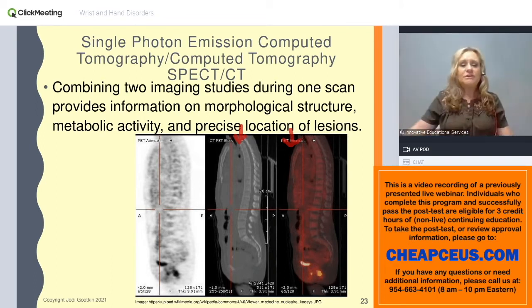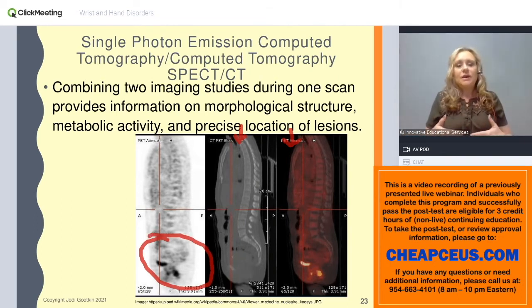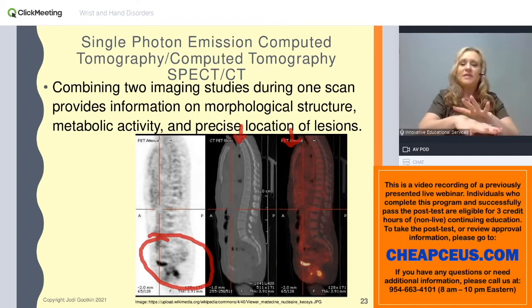When the two are put together, we can see it gives a good combination to see where pathology lies. For the hand, they're looking at utilizing this to try and gain more information about metabolic activity as it relates to pathology of different tissues to hone in a little bit better on diagnosis. The challenge is holding the hand in the position long enough. They're trying to come up with equipment that allows that so that the PET scan component can be done accurately.